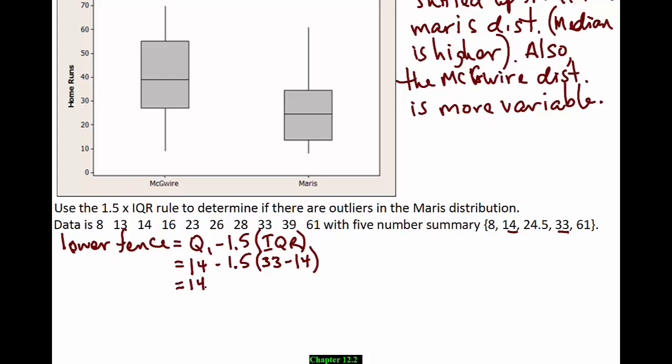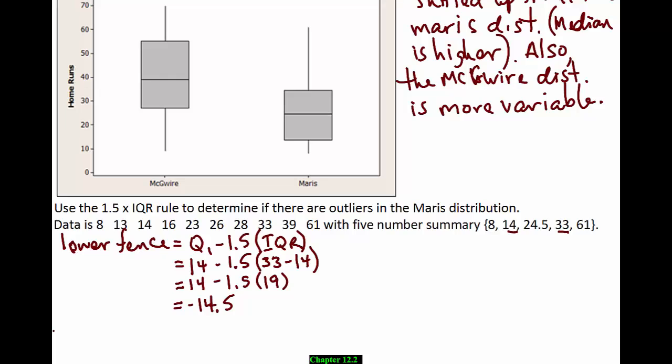So that's 14 minus 1.5 times 19, which gives us negative 14.5. So of course, we knew we weren't going to have any outliers in the lower end. We definitely can't have a season with negative home runs, so we certainly do not have an outlier in the lower end, but at least we got to practice calculating our lower fence.